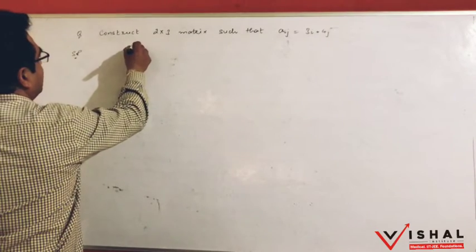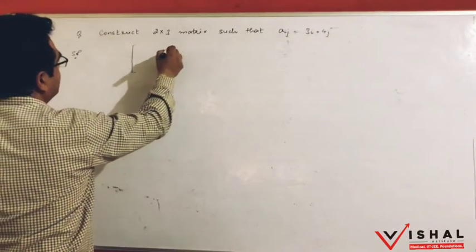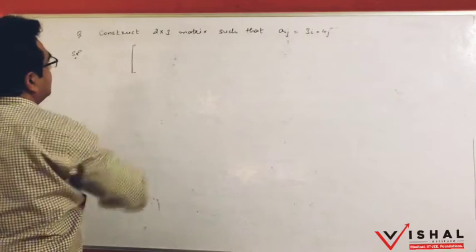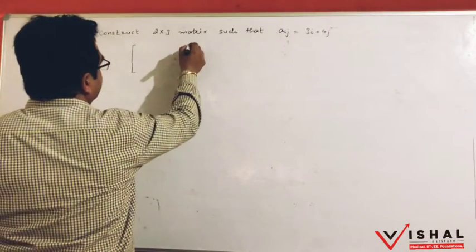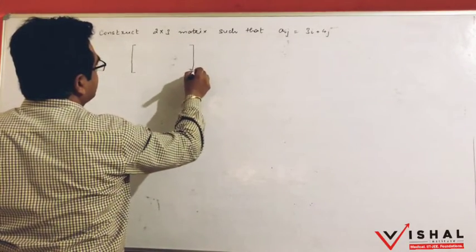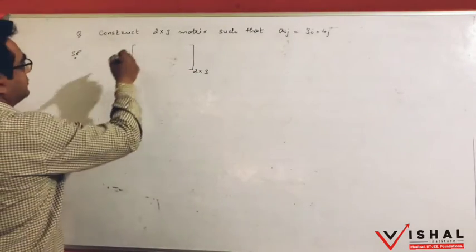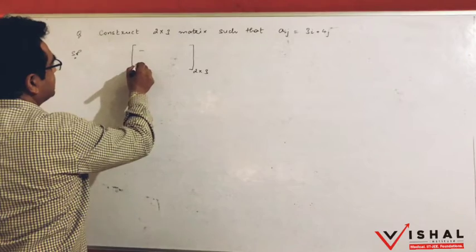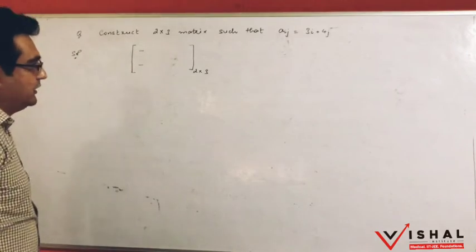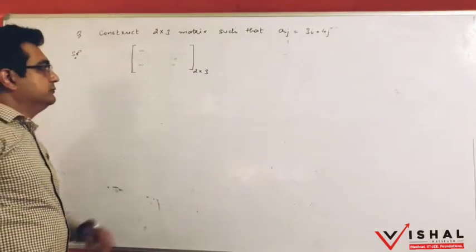Now first of all, let us make a 2 cross 3 matrix. Now 2 cross 3, so we need 2 rows and 3 columns. So this is the first row and this is the second row. These are the 2 rows and now 3 columns.